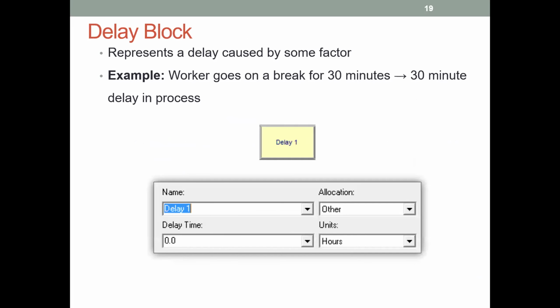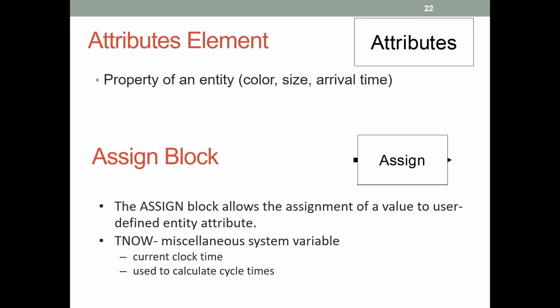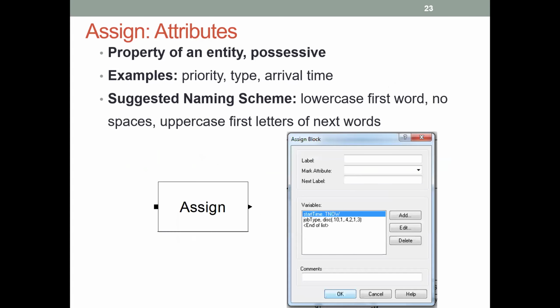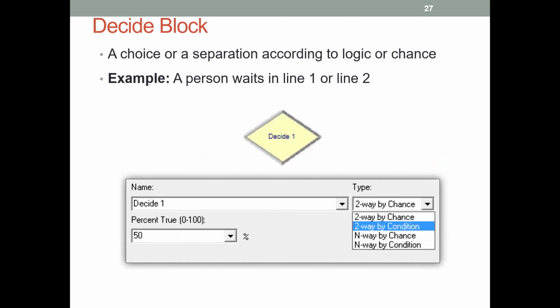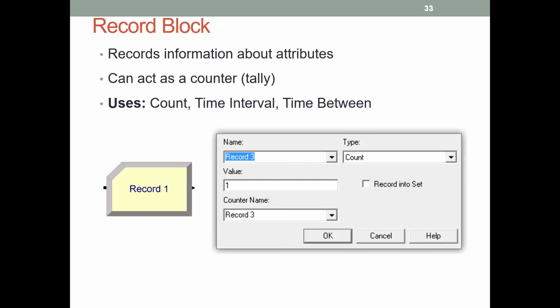Other than that, I think the rest will be similar. So this is the process, seize delay release, and as you saw, you need to add a resource name. So did you do that, right? You added a name for your resource. I don't think it's going to, I mean, it's going to give you an error if you don't do that. Yeah. So attributes, variables, decide block, and the statistics.